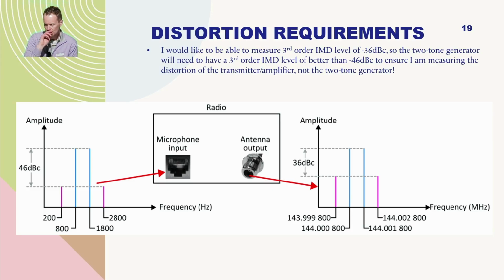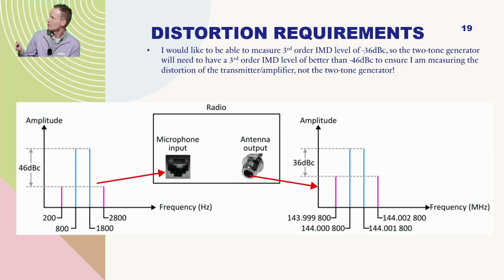So, if we think about this a little bit more, and I'll just black box a radio, forget about what make or model it is for the minute. If we're trying to measure intermod products, these purple ones, 36 dB down at the output, we need our two-tone audio generator to be at least 10 dB better than that, because we want to measure the radio, we don't want to measure our generator, okay?